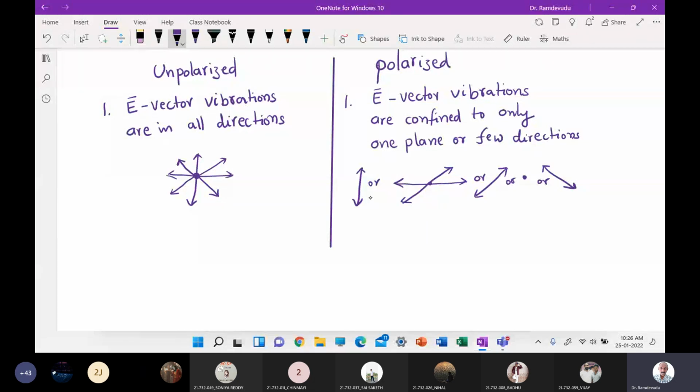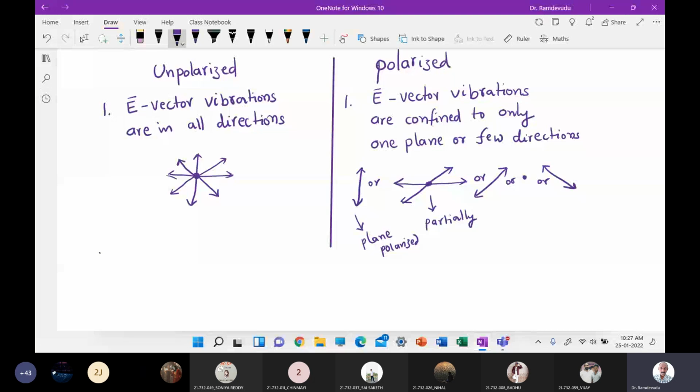If I have two or more, it is called partially polarized. If I have only one, we call it plane polarized light, because the vibrations are confined to one plane only.